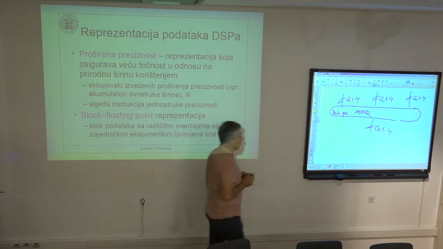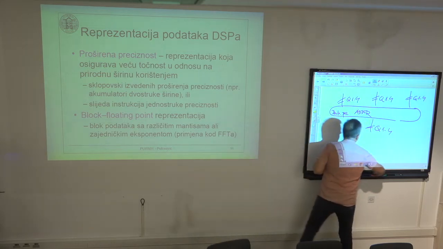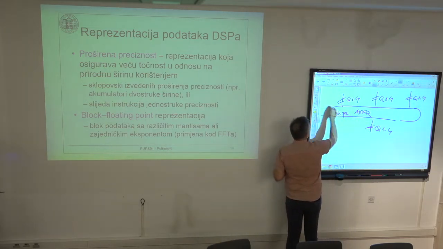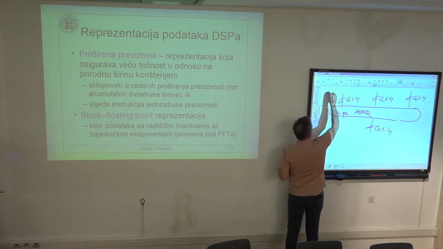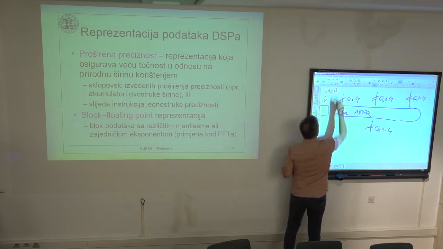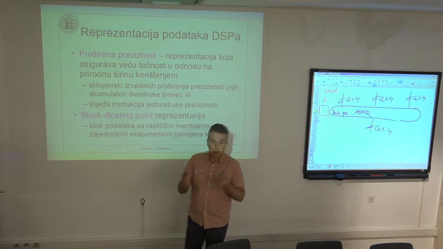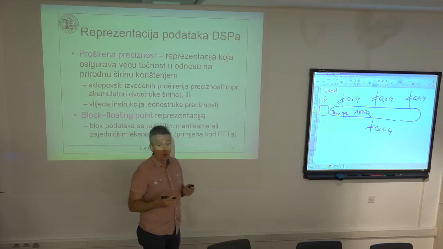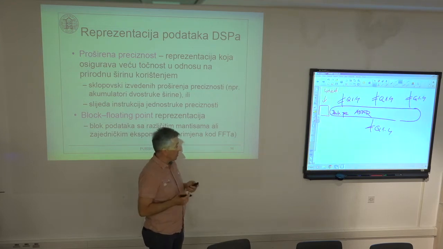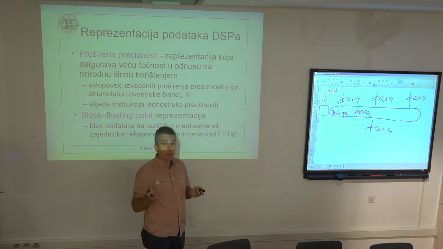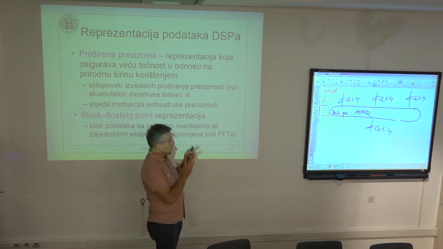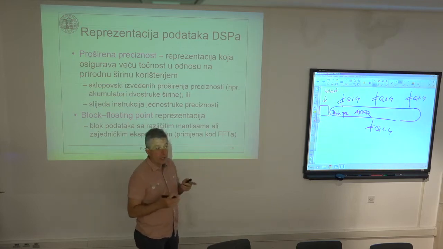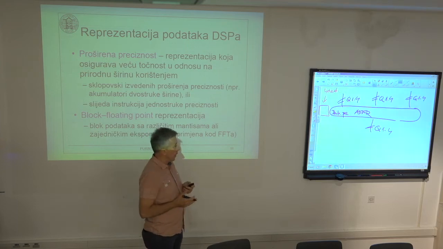And the solution is, why don't you extend this adder with bits? So bit extension. Why don't you add some additional bits to the left of this accumulator, to take care of this overflow? If you add multiple products, 100 products, in this case I would add, for example, 7 bits. And these 7 additional bits on the left side are sufficient to take care of 100 such products. I don't have to bother about the overflow. Okay?